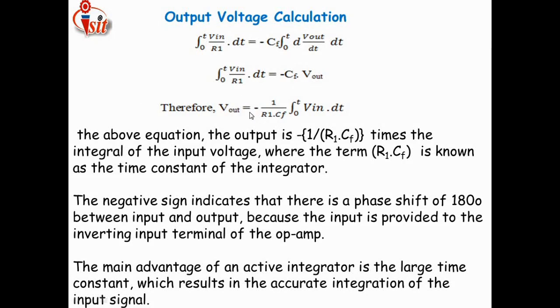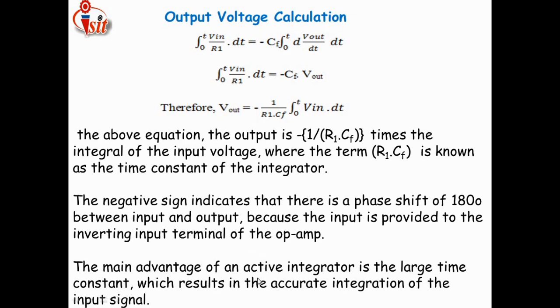For that purpose the negative sign came into the picture, because that terminal is inverting, and the output produced using this terminal as input is 180 degrees out of phase. The negative sign indicates a phase shift of 180 degrees between the input and output, because the input is applied to the inverting input terminal of the op-amp.